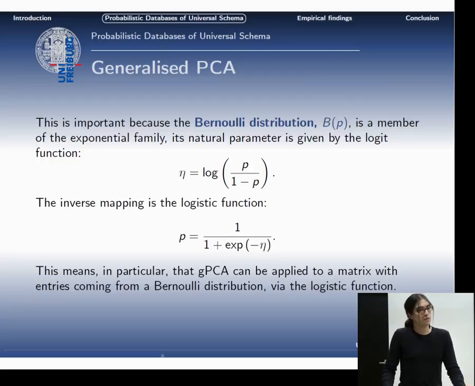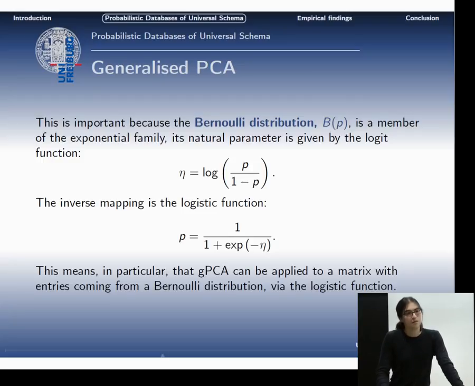Now, again, this is important because the entries in our matrix are zeros or ones, which basically means that they are all draws from a binary random variable, a Bernoulli random variable, with parameter p or theta or anything.